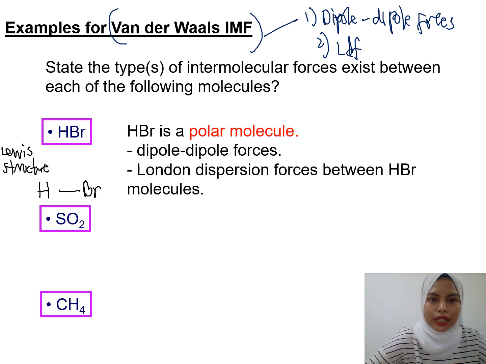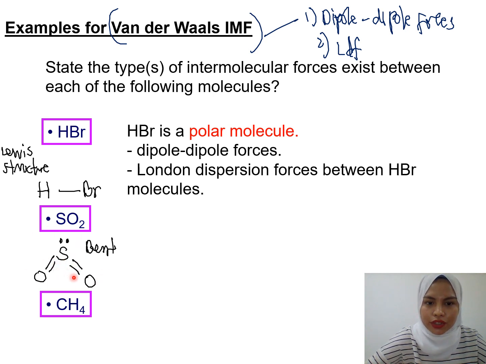Okay, next ialah SO2. So now lukislah the Lewis structure untuk SO2, di mana this is the Lewis structure for SO2, where the molecular geometry of SO2 adalah bent. Okay, bent, and then S ni dia ada lone pair pula tu ke atas tu. That means this molecule punya shape is asymmetrical.